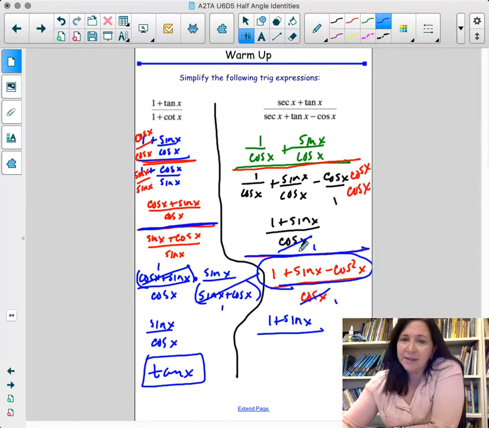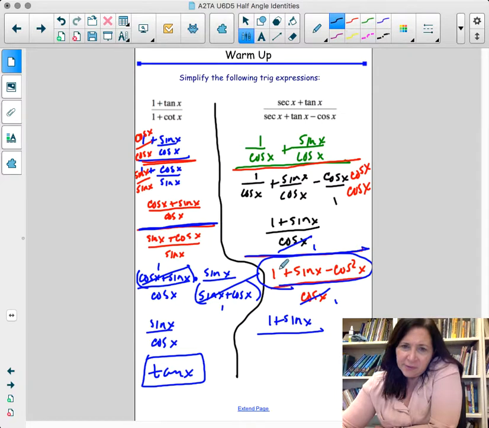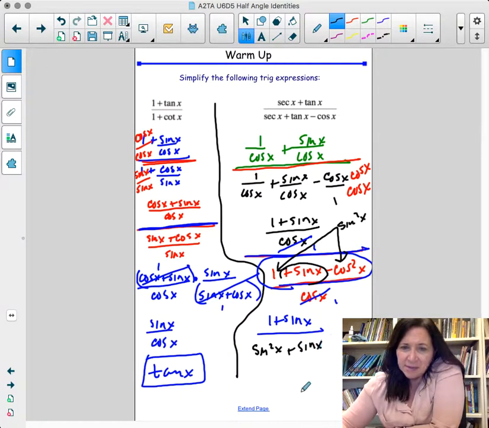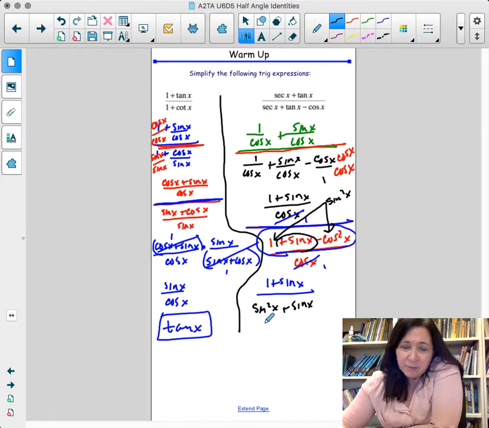Now, one thing to keep in mind, and that is, see this right here and this right here, okay? 1 minus cosine squared of x, that's sine squared of x. So I'm going to go sine squared of x, and then this one right here, which says plus sine of x. And so my second to the last step is 1 plus sine of x here.